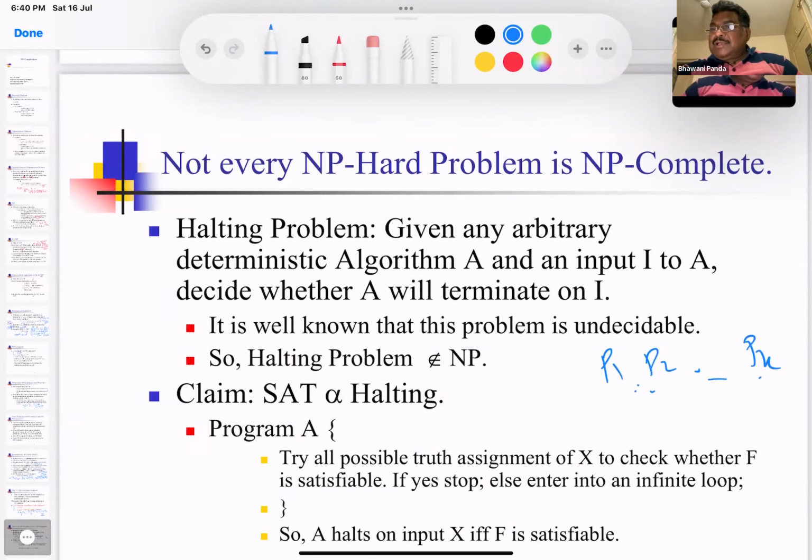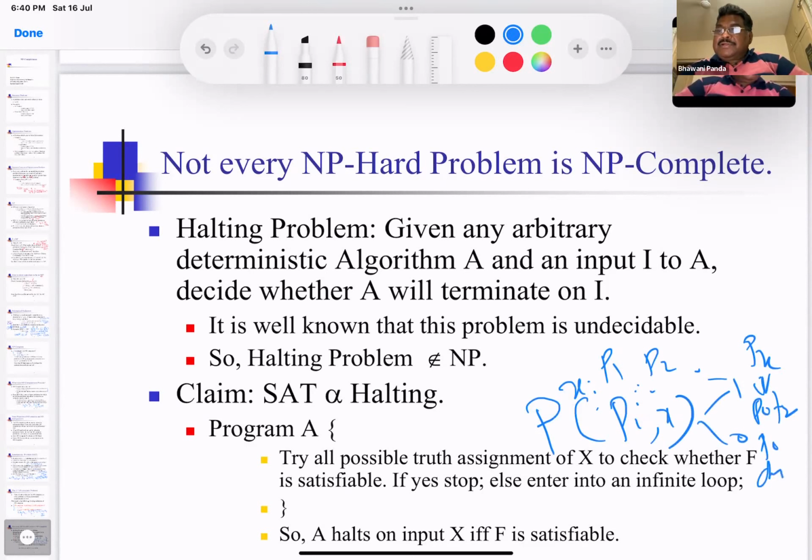Instead of checking each program, can I write a program P which will take Pi and X and return 1 if Pi terminates, else 0 if Pi doesn't terminate?